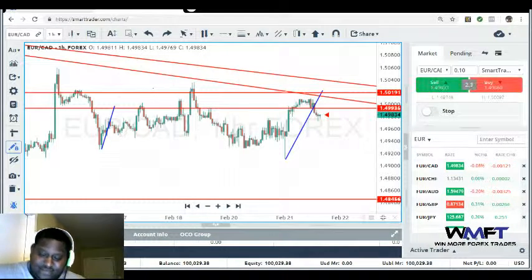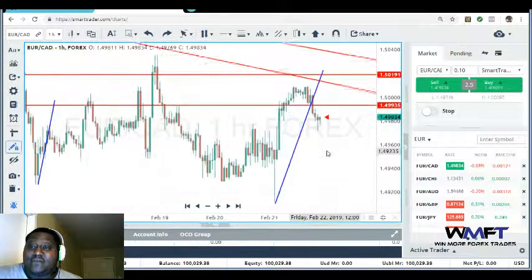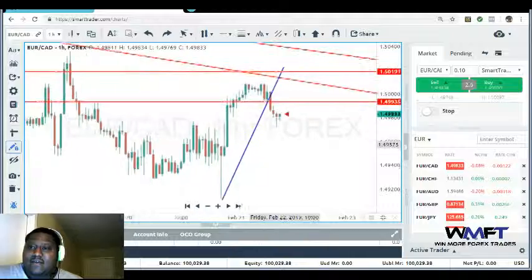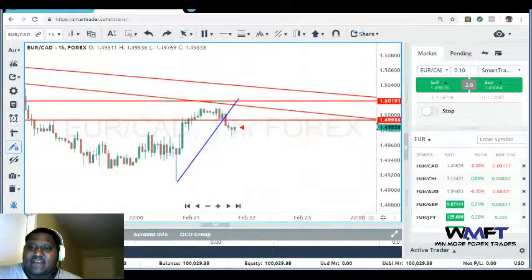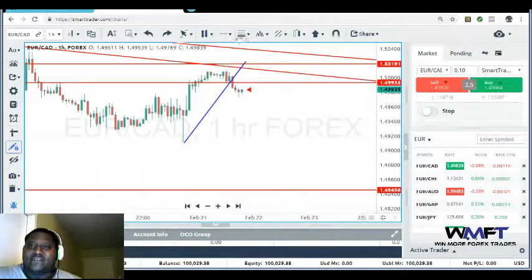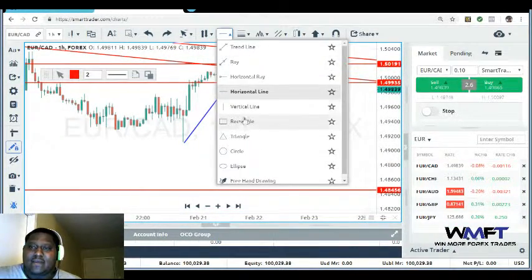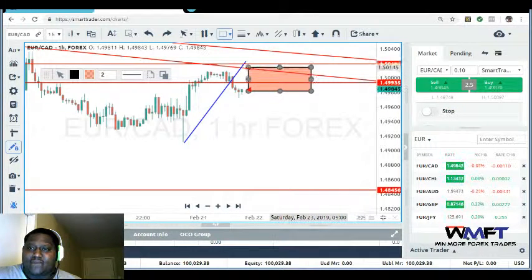Euro CAD sell. We got our stops, and actually, let me draw it up real quick so you guys can see it. So we just sold the market, and we're going to bring in our rectangles, because this is going to be our stop.